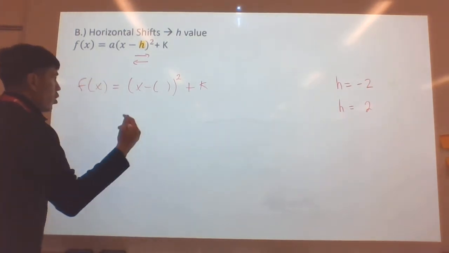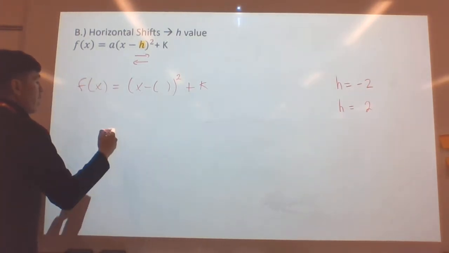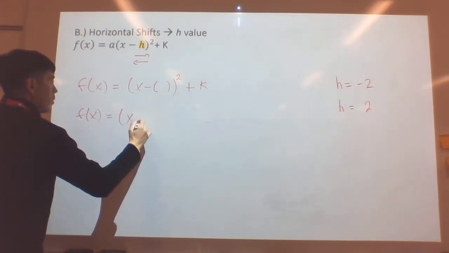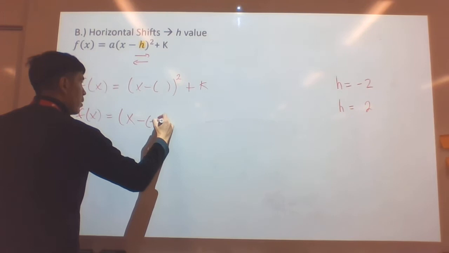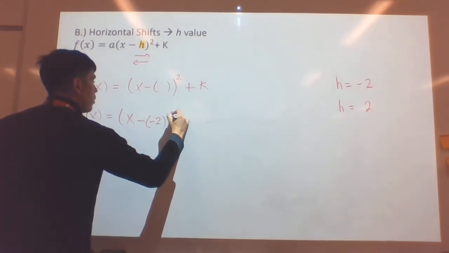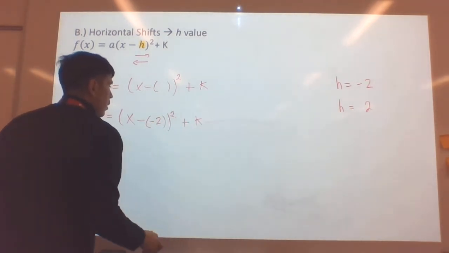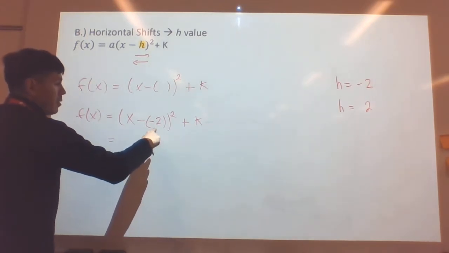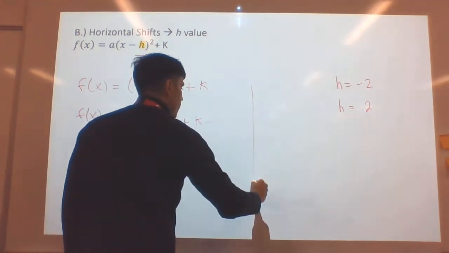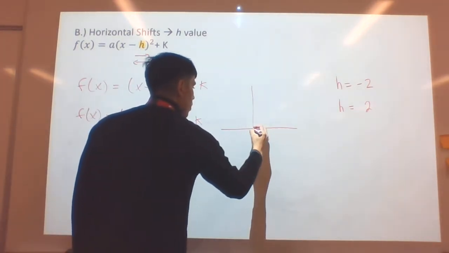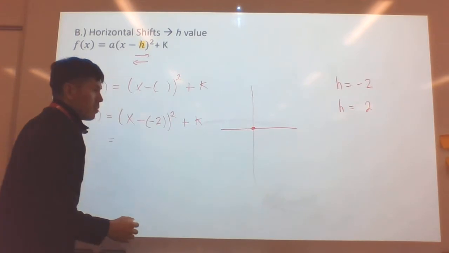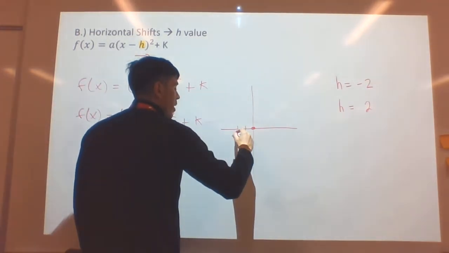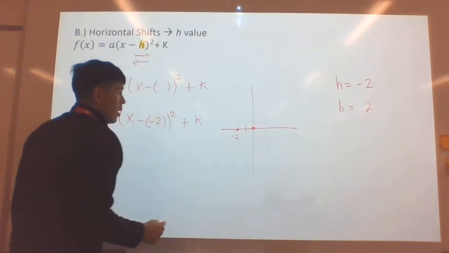So if we plug in these h values, let's turn to the positive. Again, if it's negative, we're going to go over 1, 2, negative 2. So we're going to shift over.